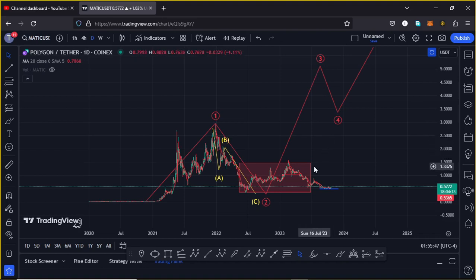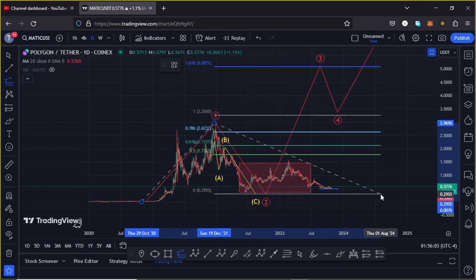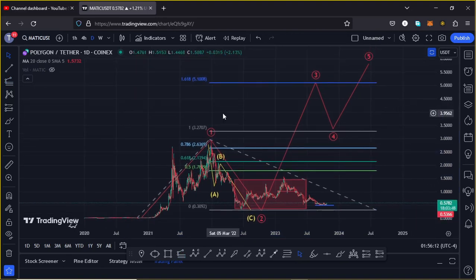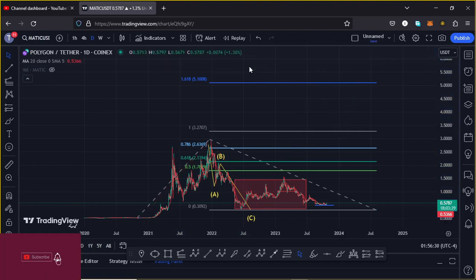Assuming that we now have a low in place for the second wave at around the $0.32 mark, then using the trend-based Fibonacci, connecting it from the low of the first wave to the high of that wave 1, then dragging the fibs to the low of the second wave, I get a minimum target area for the third wave at the fib level 1.618, and that is above the $5.1 mark, which is the minimum that we can expect Polygon Matic to do in the formation of that wave 3, before we can expect a pullback in the formation of this wave 4, and then continue gearing up impulsively in the formation of this wave 5 to the upper side.